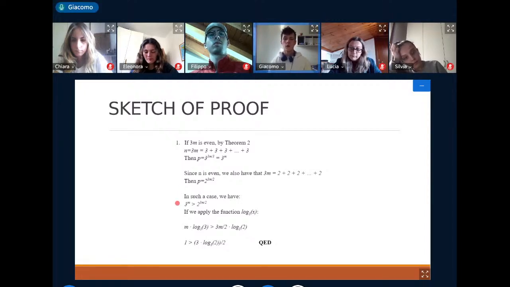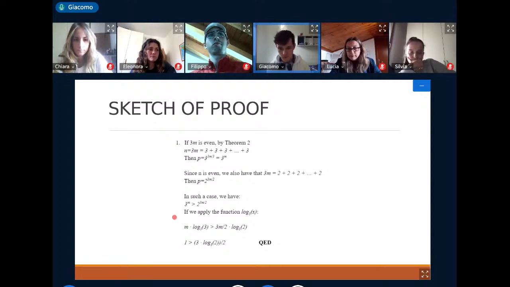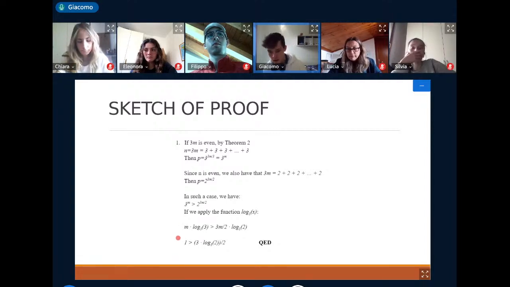In such a case, however, we have that 3 to the power of m is greater than 2 to the power of 3m over 2. This is because if we apply the logarithm function, we have that the logarithm of 3 is greater than the logarithm of 2.